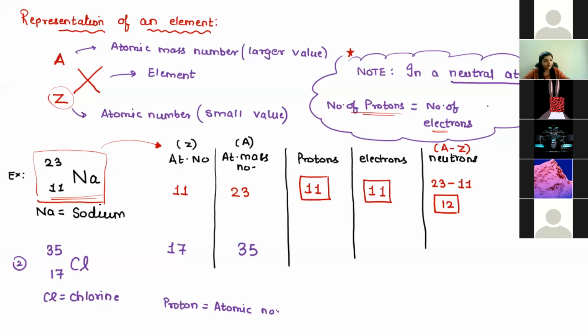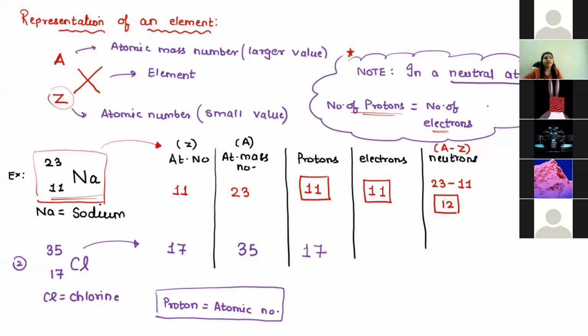No, we have to tell for this chlorine atom how many protons will be there. If atomic number is 17, what will be the proton number? No, see, I have written over here for Na, proton is equal to atomic number. So if atomic number is 17, proton number will also be 17.